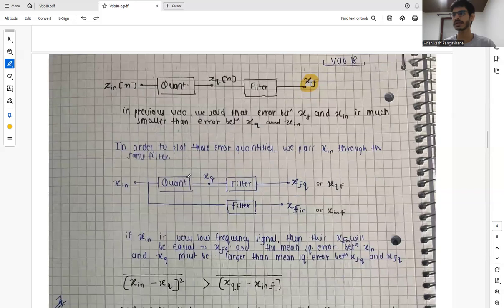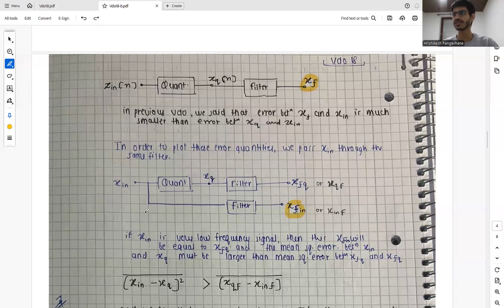So just for the mathematical sake, we have this sequence where we can get xq minus xn, which is delta squared by 12. And then we are filtering xq, right? So if we have to compare xq filtered with xn, we will filter xn with the same filter so that we can get xf, the filtered sequence of xn, and we can compare this with xn.